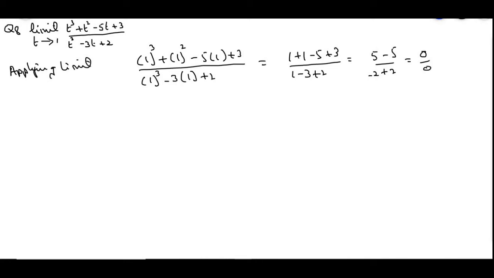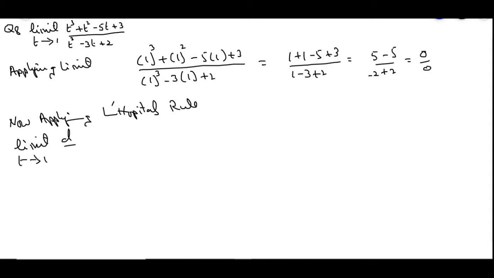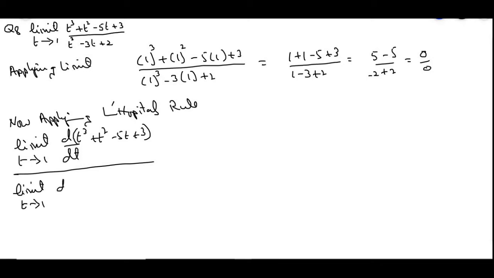So applying L'Hopital's rule, we have limit t approaches to 1 d by dt, because we are differentiating with respect to t, t cube plus t square minus 5t plus 3 whole divided by limit t approaches to 1 d by dt t cube minus 3t plus 2.